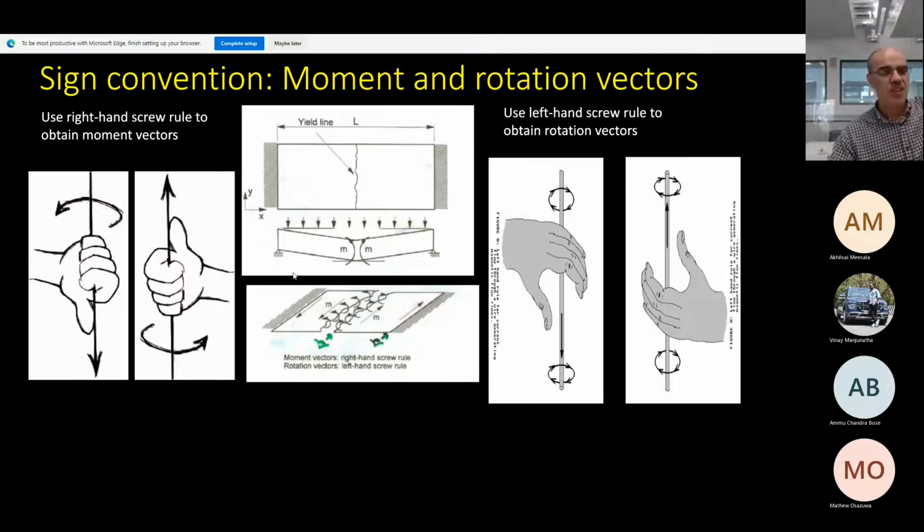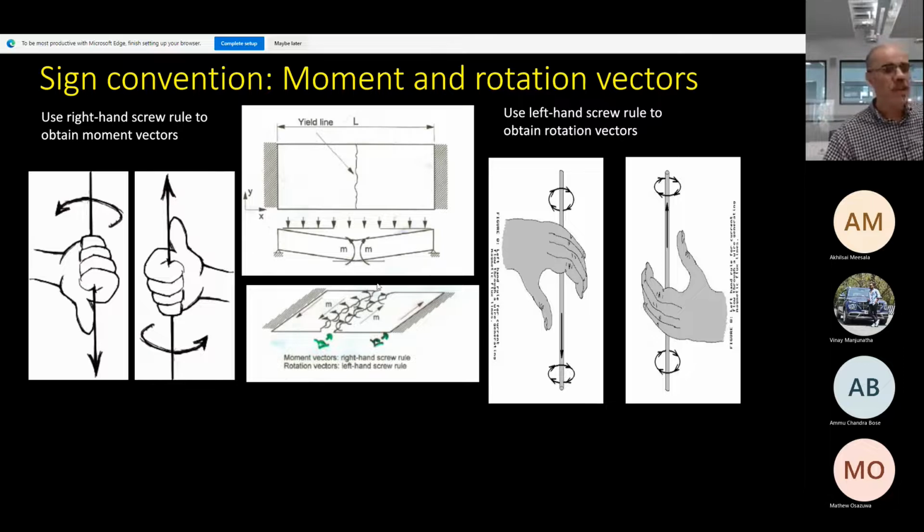Clear? So using the left hand, I repeat again, this is the left side of the slab. Using your left hand, you make a movement with your palm, the rotation going down, and the thumb will give you the direction of that rotation. So you have now a rotation vector going this way.